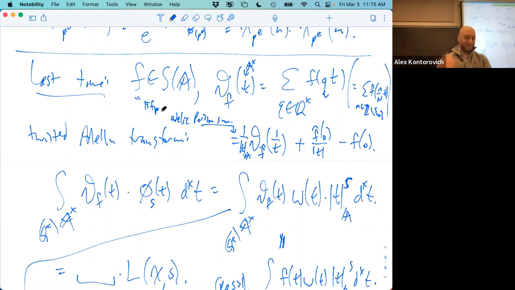At the p-adic places, F is locally constant and compactly supported. This is reflected in theta by making the sum over the rationals actually be a sum over the integers, and so this has rapid decay in T as T goes to infinity.